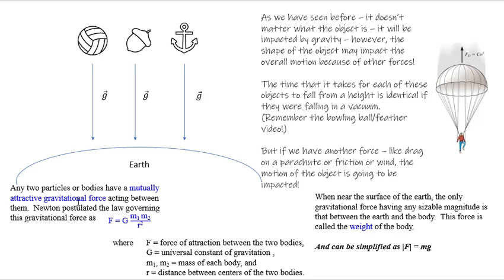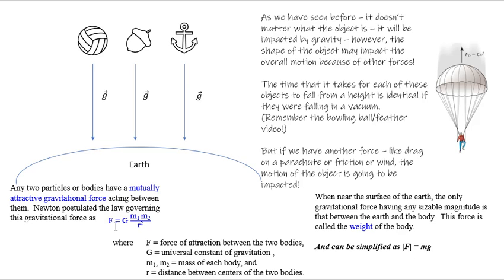And near the surface of the Earth, we can talk about that as being weight. If we're on the moon, we can talk about it being weight associated with the acceleration due to gravity on the moon. If we're on Jupiter, with anything like that, we can look at what's happening near the surface. And so the weight of the body can be simplified as the mass times that acceleration due to gravity.